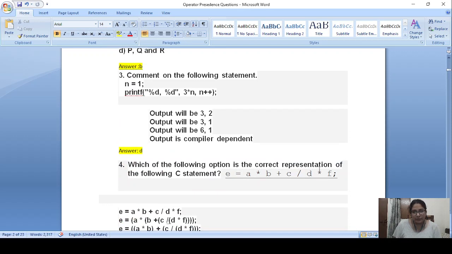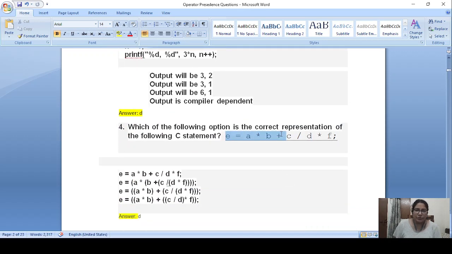Which of the following options is the correct representation of E is equal to A multiplied by B plus C divided by D multiplied by F? Again you have to see the operator precedence table here and just start. How should we start? There are 5 operands and 4 operators.